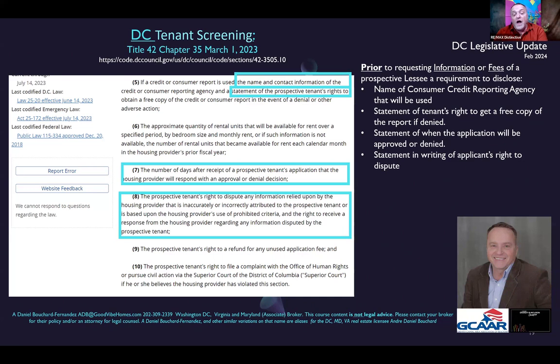The law is not clear about what happens when a tenant does dispute the rejection, and whether or not that ties you up for a prospective different tenant that is later to apply. So for now, we're operating on the assumption that there is no obstruction of you continuing to market the property and obtain a successful tenant.